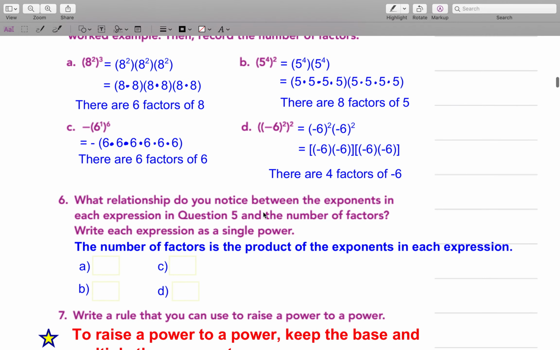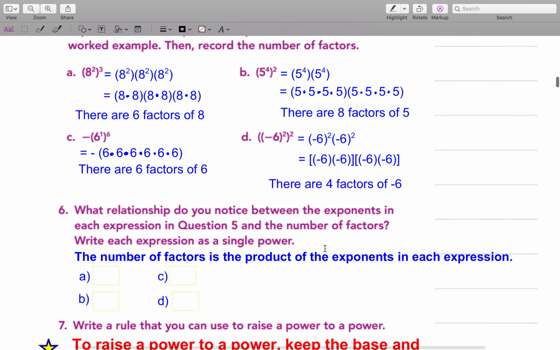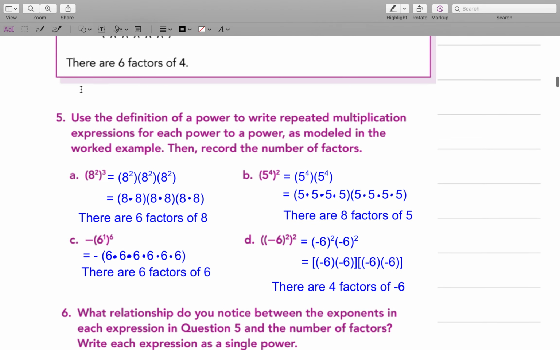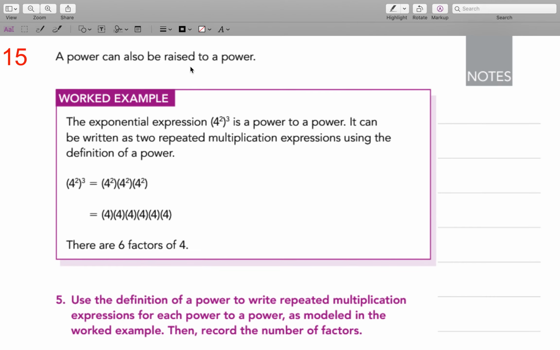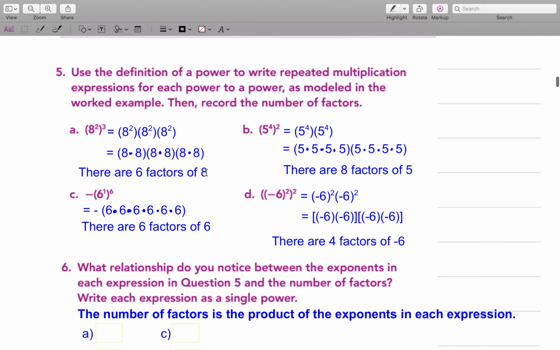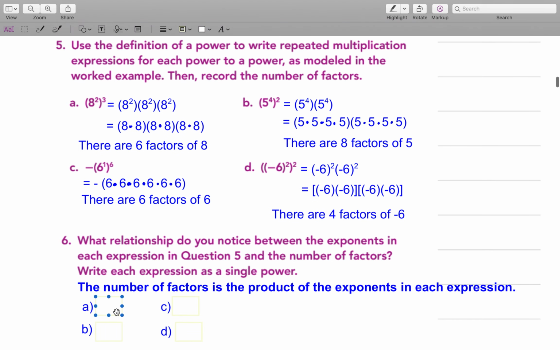So what relationship do you notice between the exponents in each expression in question 5 and the number of factors? We can say the number of factors is the product of the exponents in each expression. So if you take a look at this, 8 squared being raised to the power of 3, and there are 6 factors. So notice how since the power was being raised to another power, if we rewrite it, it's going to be 8 to the 6th power because 2 times 3 is 6.